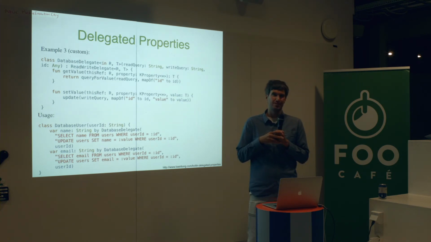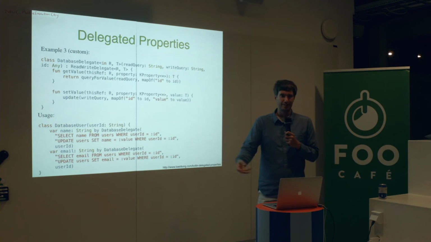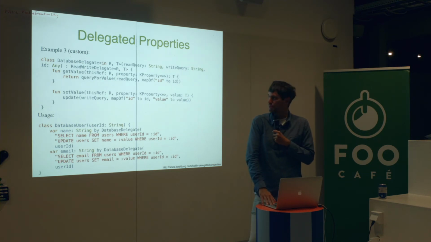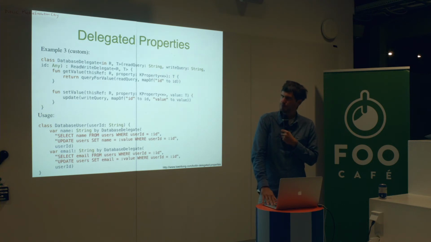For example, if you're used to Clojure, everything is just a map with some state. You can essentially, if you want to, have the properties backed by a map. It's shared between multiple objects. I'm not sure if you want to do that, but you can.